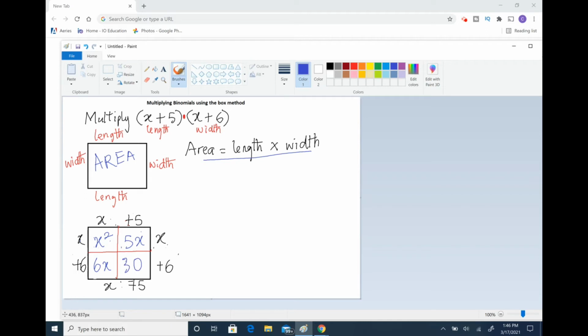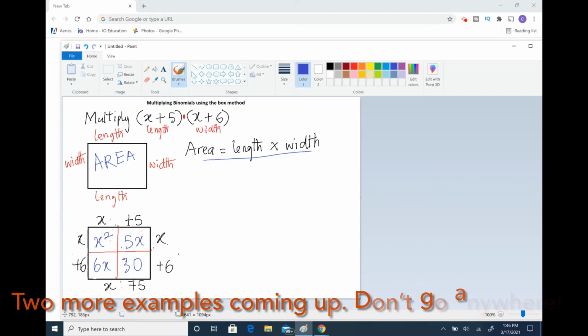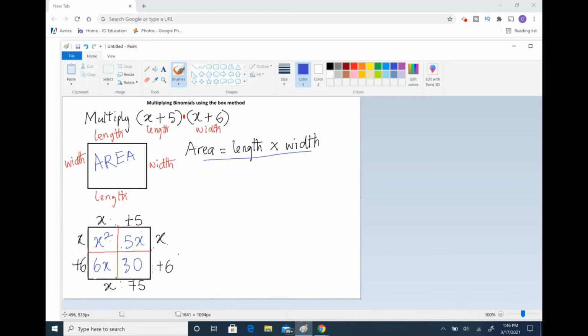Just to recap what we did here, we took the x plus 5 as your length and your x plus 6 as your width, and we set them on the sides of our rectangle and split the sides. We split the x plus 5 into x and positive 5, and the x plus 6 into x and positive 6.